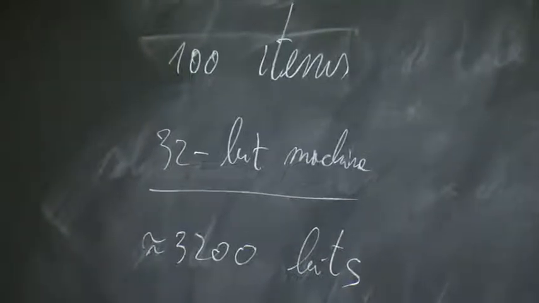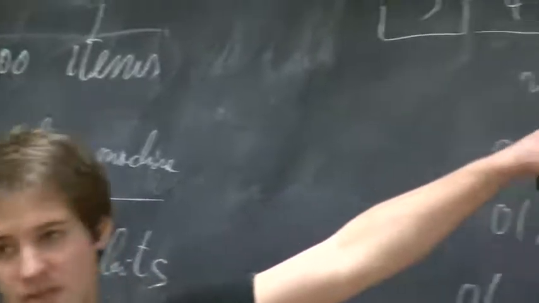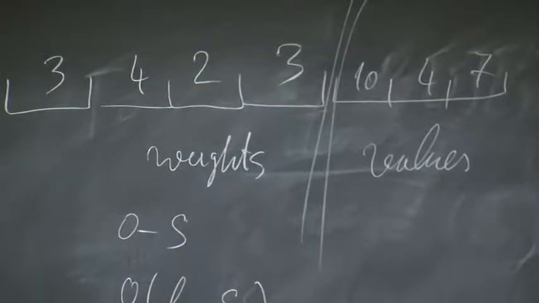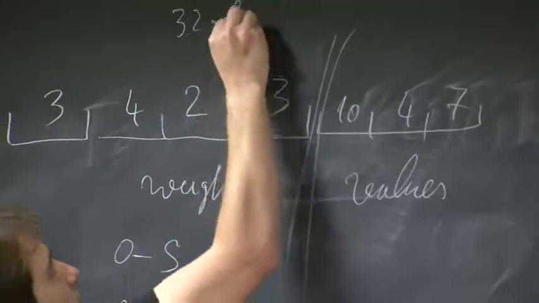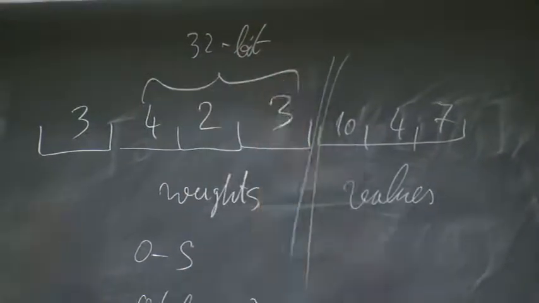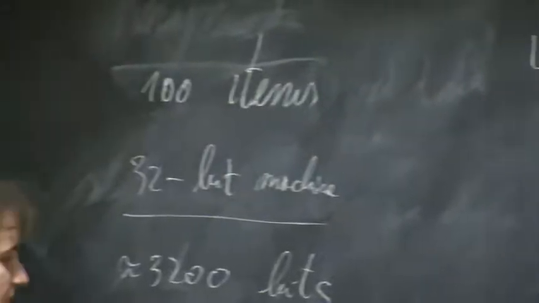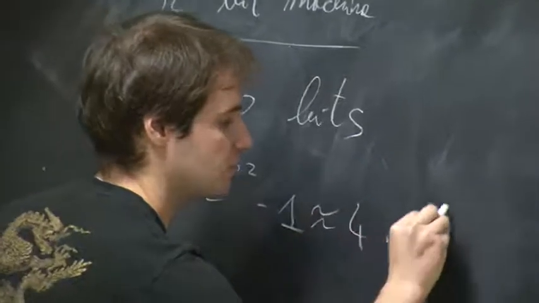What's the worst case s that I can represent on a 32-bit machine? So these are all 32-bit numbers. Wait, you mean each of the weights are 32-bit numbers? Yep. So what's the worst case s I can represent? Which is roughly 4 times 10 to the 9.